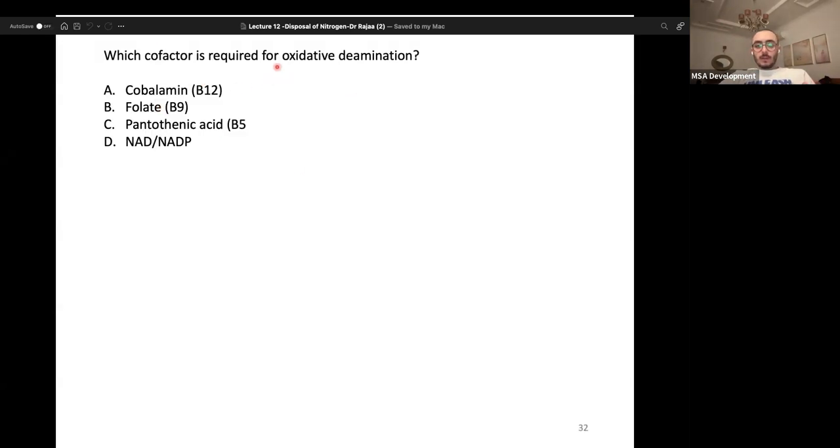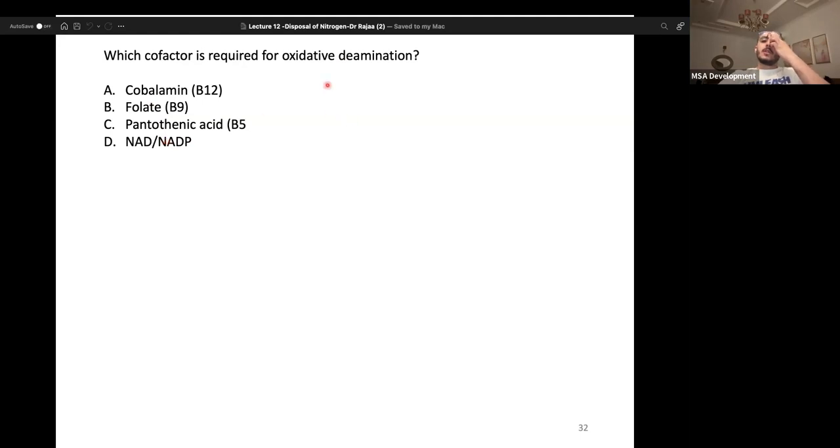Last question. Which cofactor is required for oxidative deamination? It's NAD or NADP, which is D. I won't go over the choices here, similar to the first question I answered, because it can be misleading. It's pure memorization.